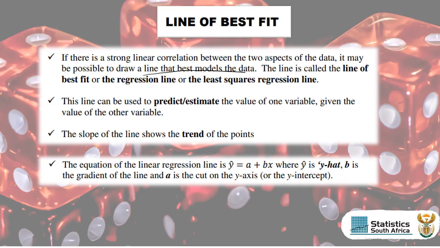This line is called the line of best fit, mostly known as the regression line, or the least squares regression line.